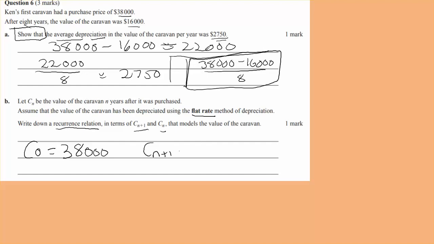The next value equals the current value minus 2,750. If you forgot one of the parts, then you would have got no marks. If you change the letters, for example, if you used C here, V here, and then back to C here, that's no marks.